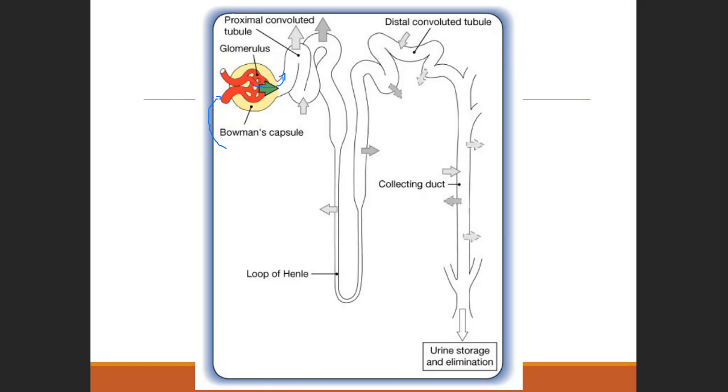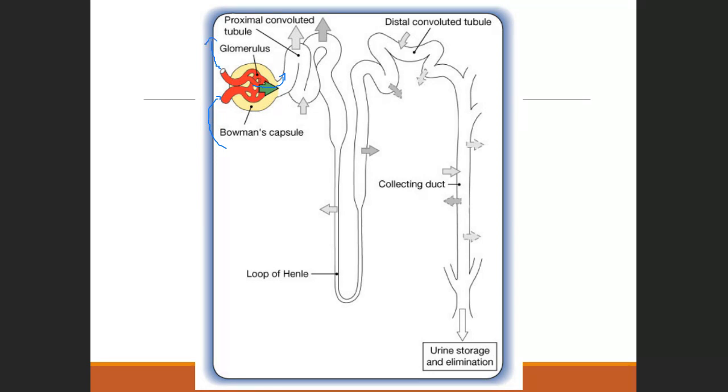Any blood that does not get filtered at the glomerulus, and we're talking some water, formed elements like cells, and proteins, is going to continue on out of the glomerulus through the efferent arteriole.